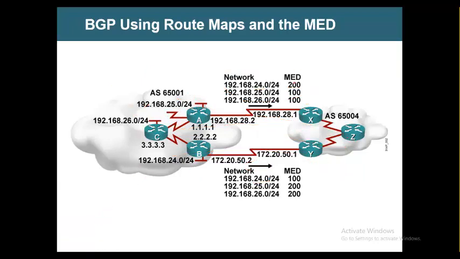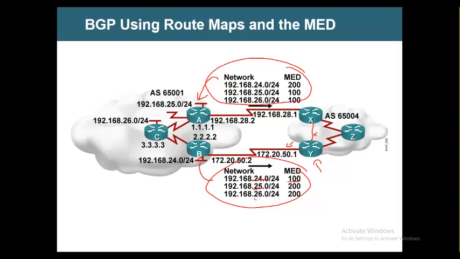This is configured on A, and this is configured on B. And Y learns that going via this interface is the best to reach 24 because of 100. You may have a link like this. Y says, I will not go via this link to X, because for 25 and 26 I'll go via this way, since for 25 and 26 this is the best way.